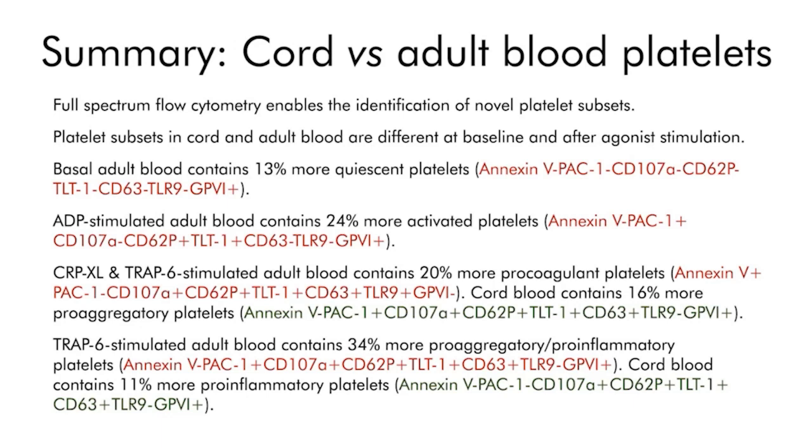CRP and TRAP-stimulated adult blood contained 20% more fully degranulated procoagulant platelets, while cord blood contained 16% more PAC1 positive proaggregatory platelets. TRAP-stimulated adult blood contained 34% more proaggregatory and pro-inflammatory platelets, while cord blood contained more non-aggregatory pro-inflammatory platelets.